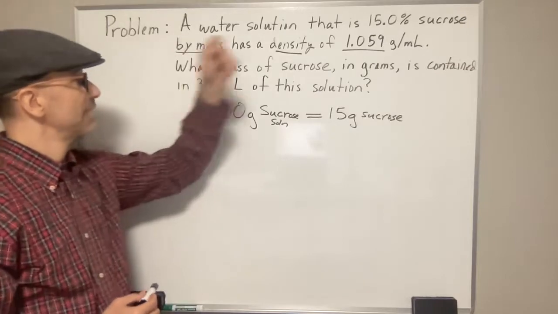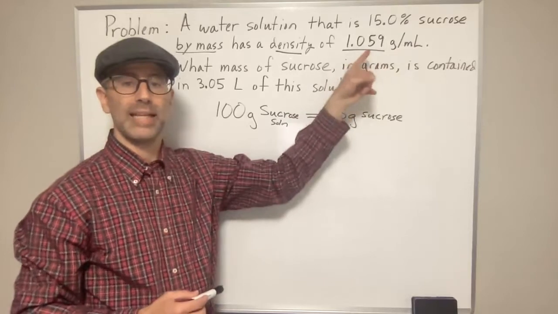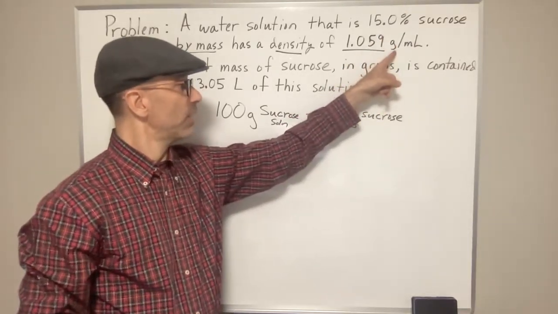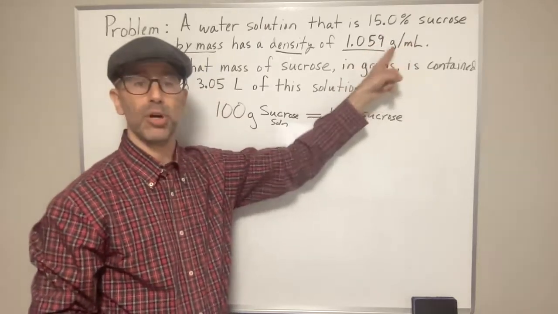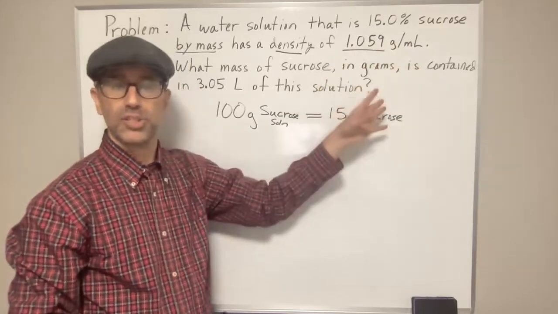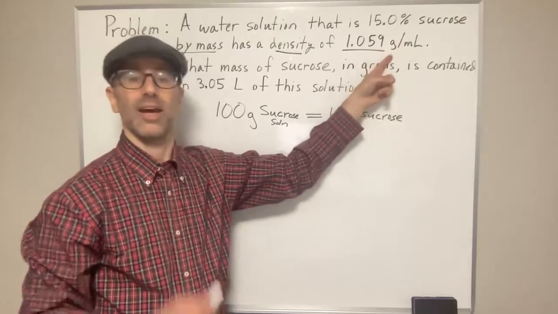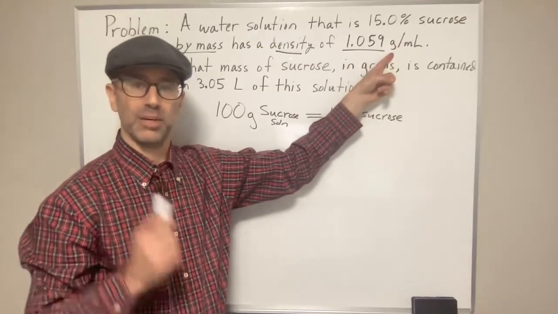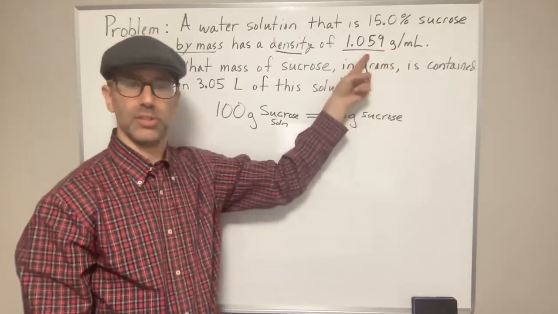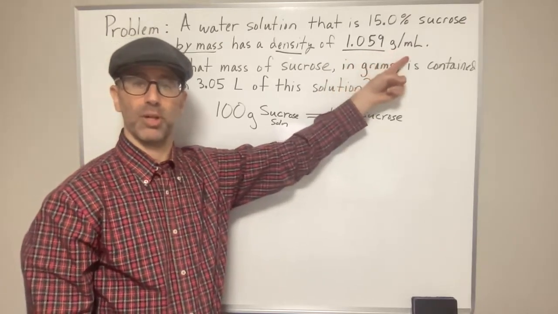The next one is density. Anytime they give you a relationship, you have this unit per unit. So something per something: grams per milliliter, meters per second, and so on. Anytime they give you something per something like this, think conversion factor. That's going to be used as a conversion factor. So here we have density, 1.059 grams per milliliter.